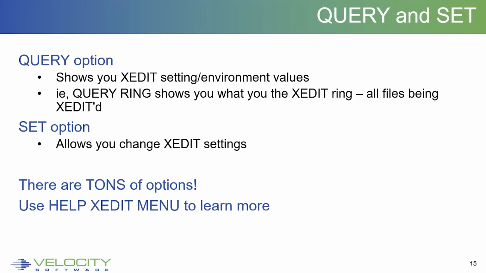It lets you change a lot of the XEdit settings. So you can change colors, you can change where the scale is, where the command line is, all those different things that you saw on the XEdit screen. There are a lot of them. So you can do help, XEdit, menu, and start drilling in and learning a lot more about all the different things that are available.